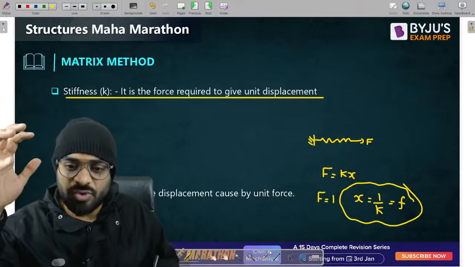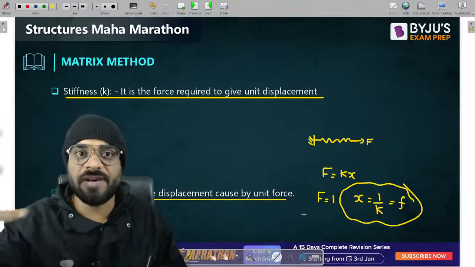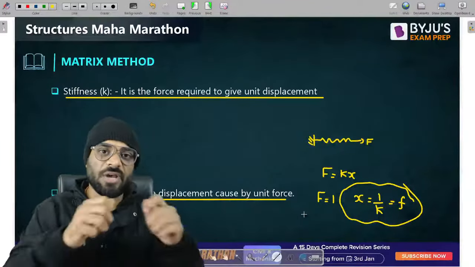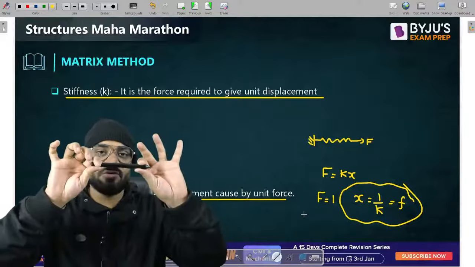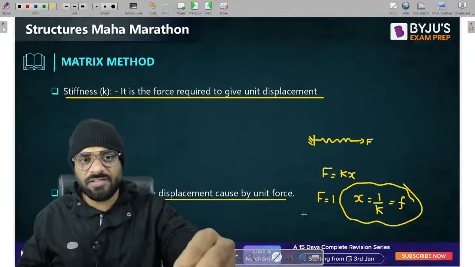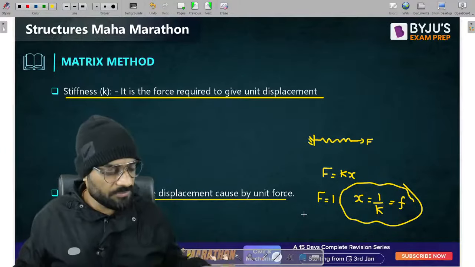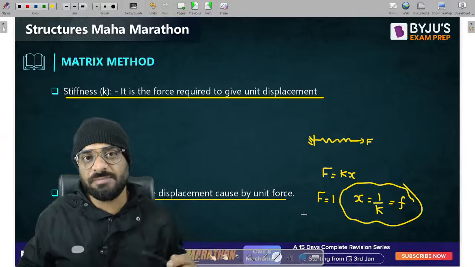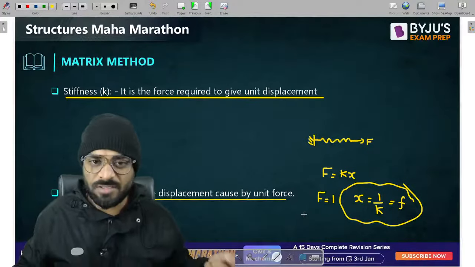Getting the point? So the displacement which can be caused by unit force is known as flexibility. So tell me guys, is a rubber band more flexible or is this pen more flexible? We'll close it hardly in 10 minutes. Tell me guys. Rubber band. Why?